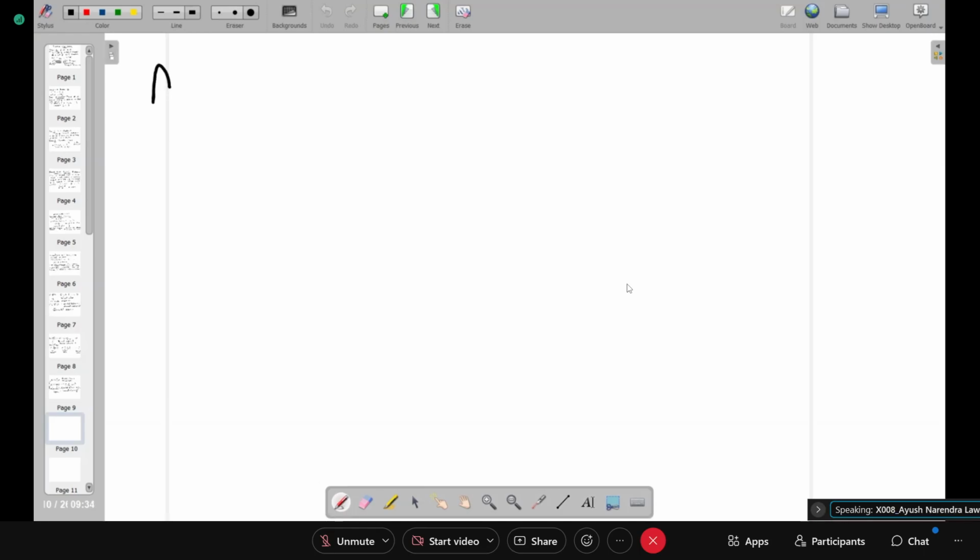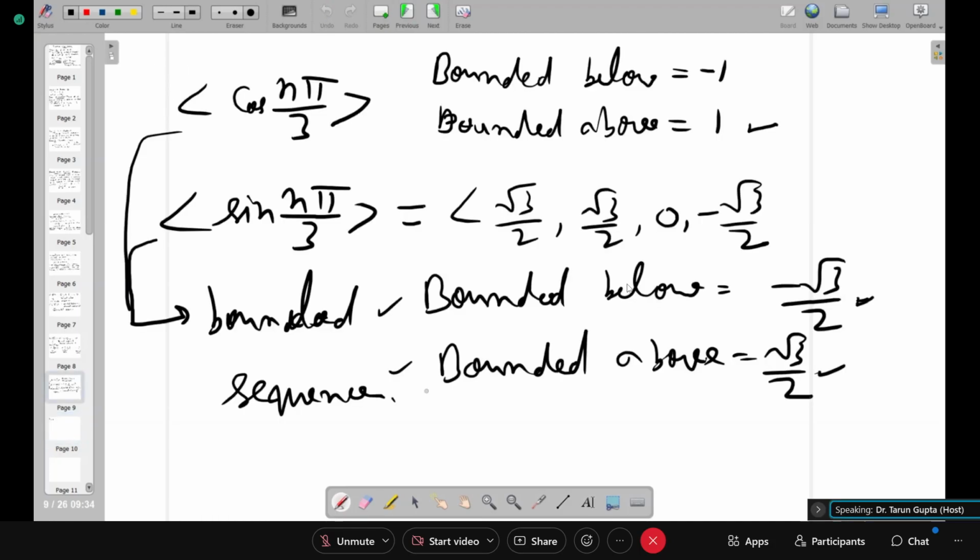Sir, in the last slide, sin(n pi/3) should also be bounded between -1 and 1, no? Bounded below by -1 and bounded above by 1. Yes, -1 is also a bounded below element, but if you see the range set, -1 and 1 will not come. If you find sin pi/3, it is root 3/2, sin 2pi/3, and sin 3pi/3, which means sin pi, is 0.